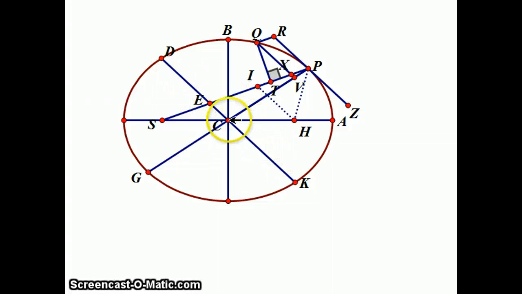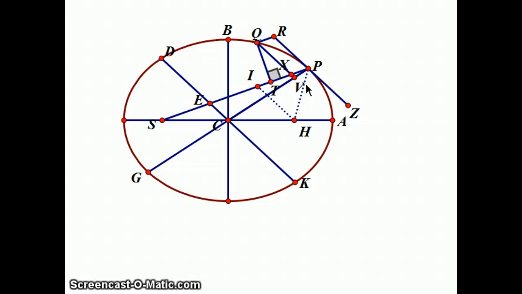DCK is the diameter that's parallel to RZ. It hits PS at point E. T is made so that QT is perpendicular to PS, and this point I is made so that if you start at H and make a line again parallel to RZ, it goes through PS at point I. And I've connected that as a dotted line.